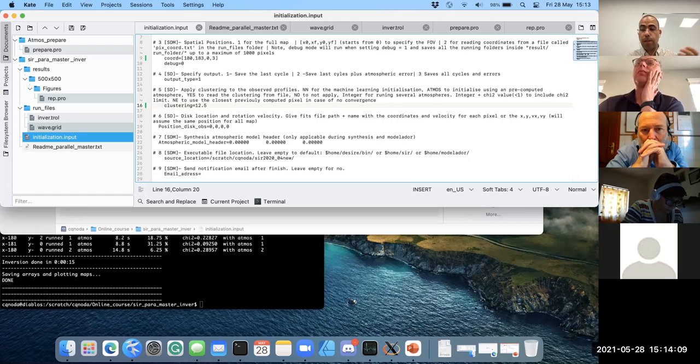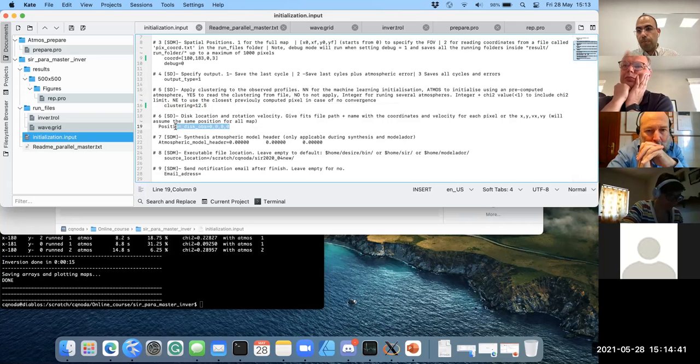But in other pixels where the configuration is more suitable or the pixel is less complex, then maybe with 1 or 2 runs you will reach a good fit, and that pixel will only take 1 or twice the time of inverting a pixel. So we are reducing the total time with this option. I will show you exactly how it works, but it's just to know what the first number is and what the second number after the dot means.